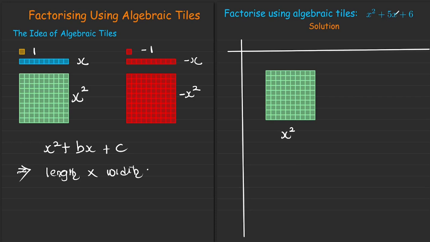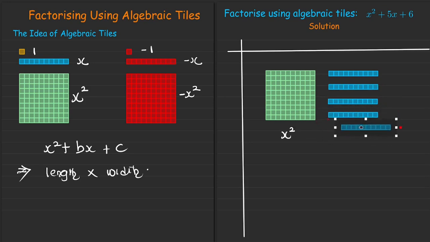Then we also have 5x. Now we know the figure that represents the 5x. So we pick 5 of those: 1, 2, 3, 4, and finally 5. Then we have plus 6. So the unit is just one of the very small cubes.